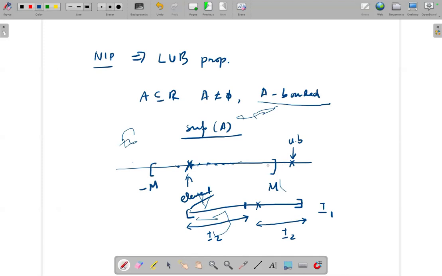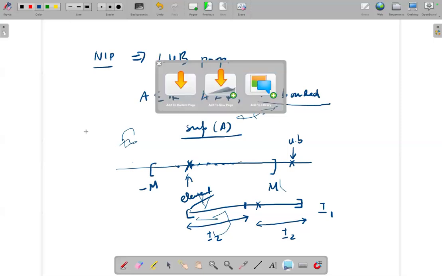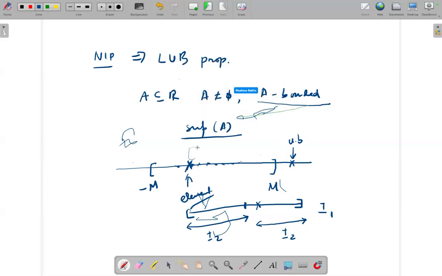And what I have claimed is that in between there is something which I call the supremum. So just imagine that initially I started over here, then I got something like here, then most probably here.